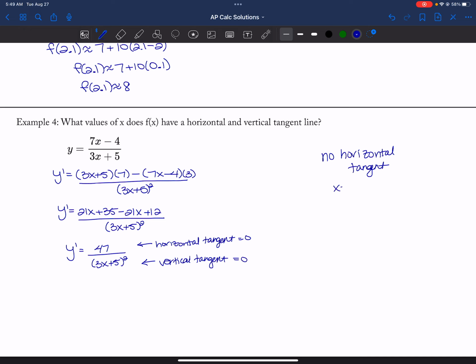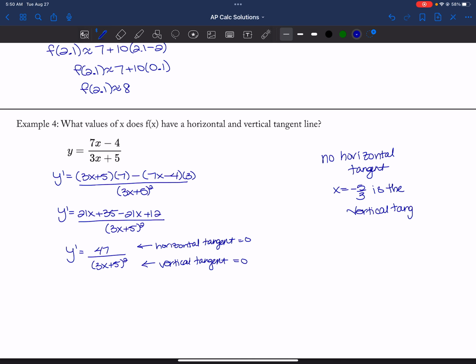And so at x is equal to what? Negative 5/3 is the vertical tangent to the graph. So that's how you find horizontal and vertical tangents. Horizontal tangents, you set the numerator equal to 0. Vertical tangents, you set the denominator equal to 0.